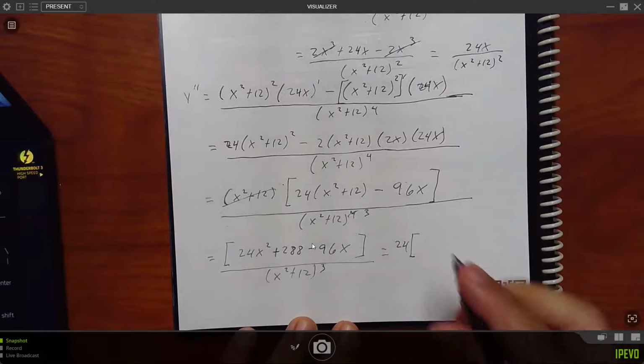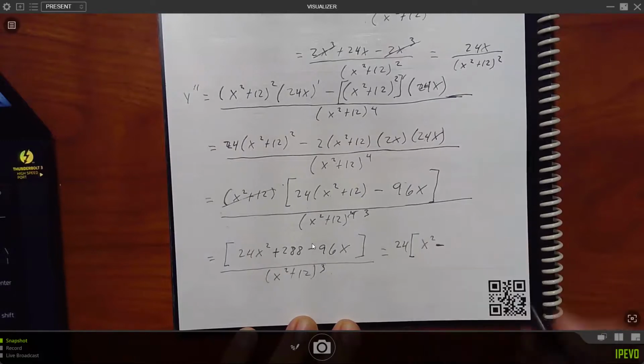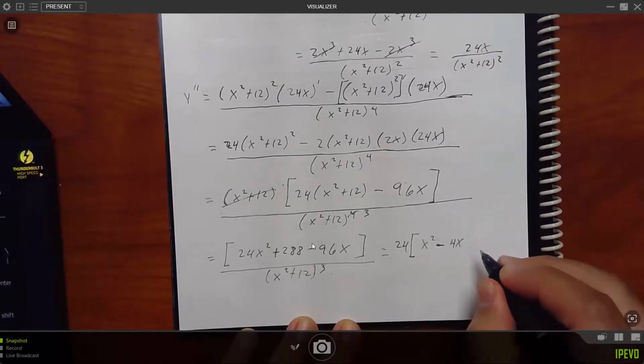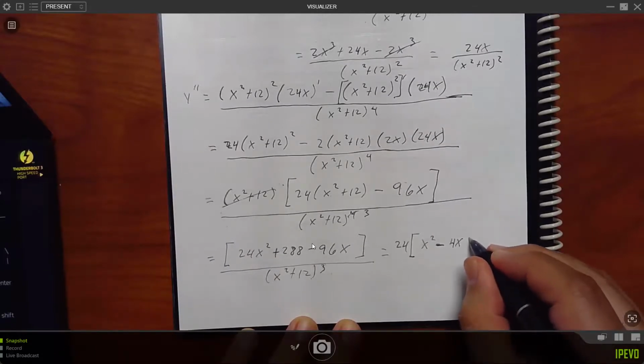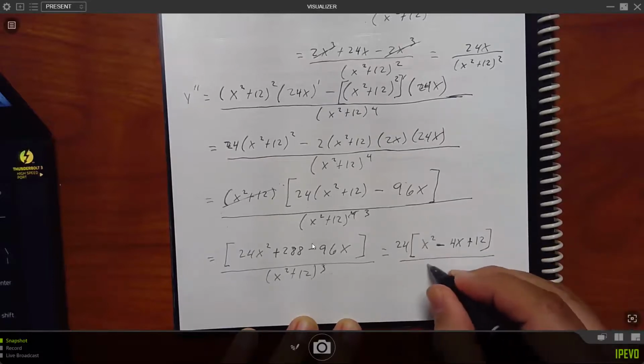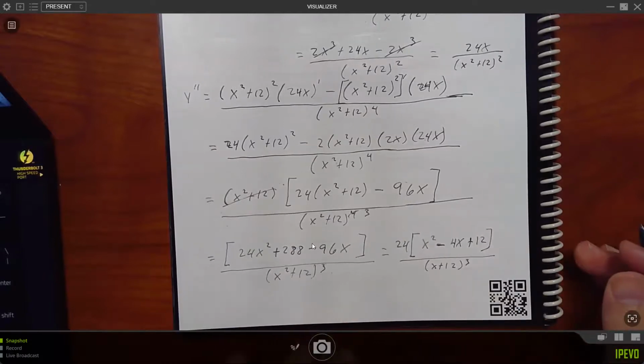So 288, that'll be x squared minus 4x plus 12. That should factor nicely. I really hope so.